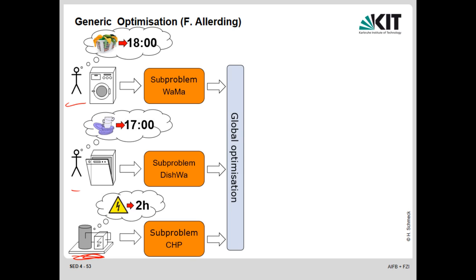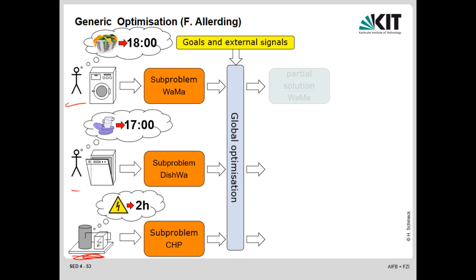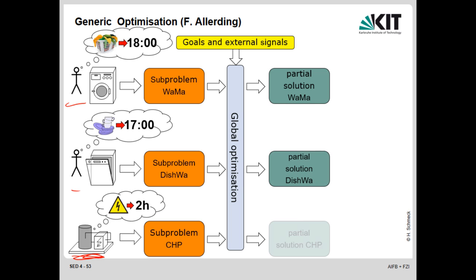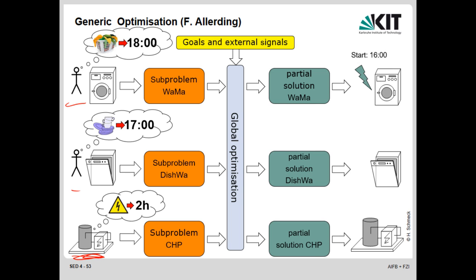And then they should be optimized in a reasonable way, respecting the external signals and goals. External signals means price signals, load limits, and so on. And then we would like to get solutions for the washing machine, the dishwasher, and the combined heat and power plant, and then know when to run those devices.